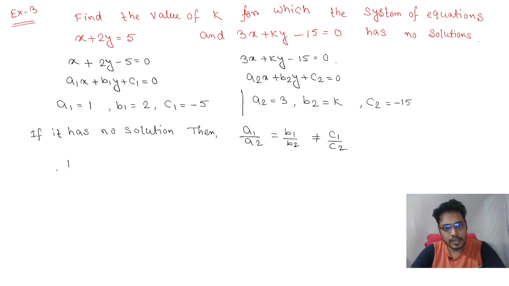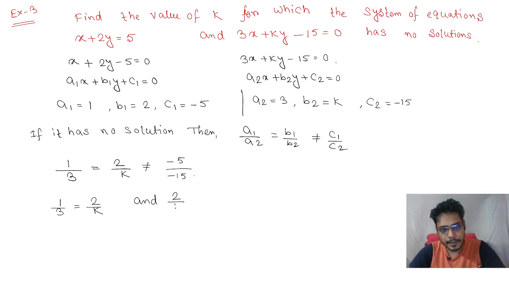Let's put the values. a1 is 1, so 1 by 3 is equals to 2 by k is not equals to minus 5 by minus 15. So first we can say 1 by 3 is equals to 2 by k and 2 by k is not equals to minus 5 by minus 15.